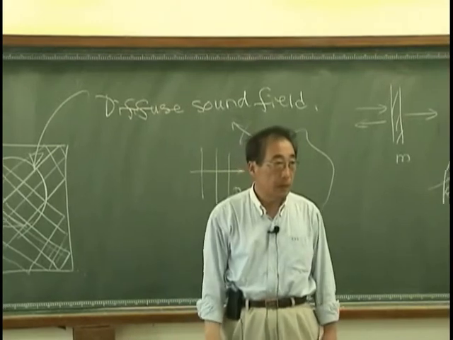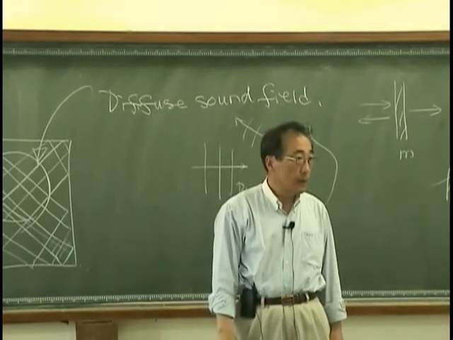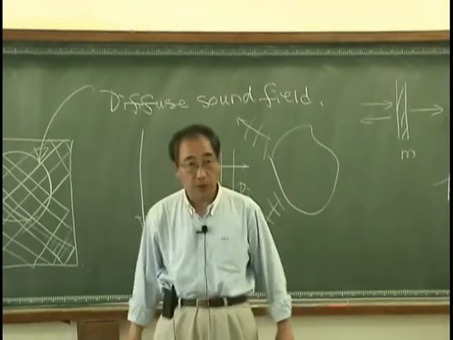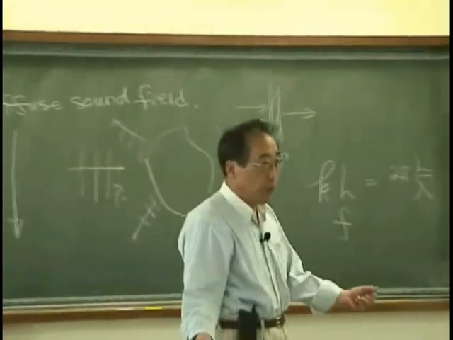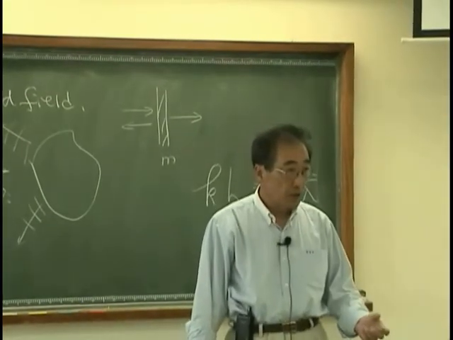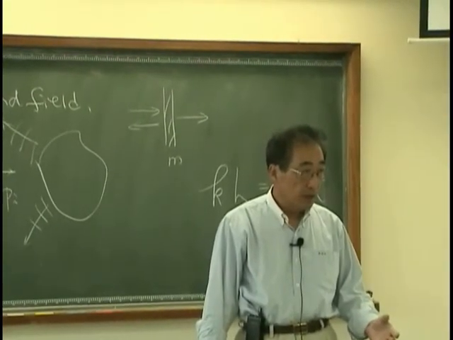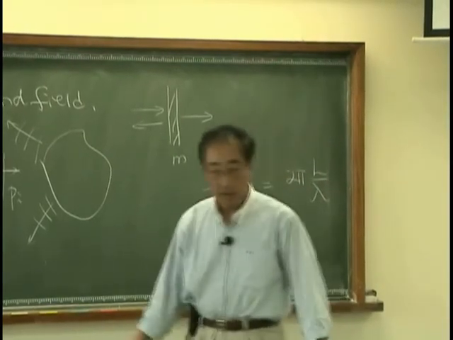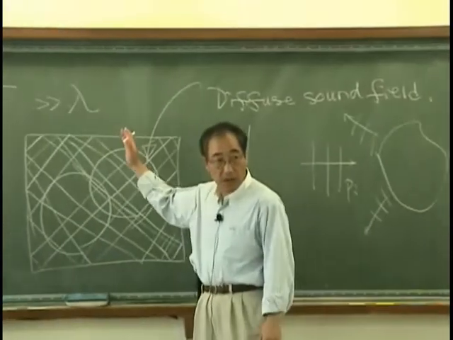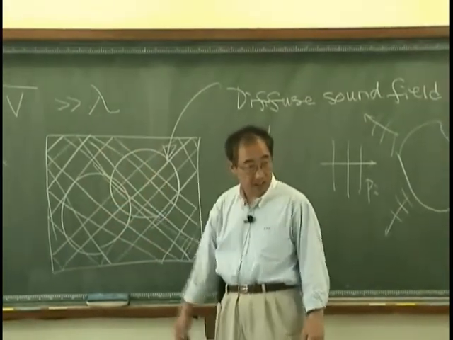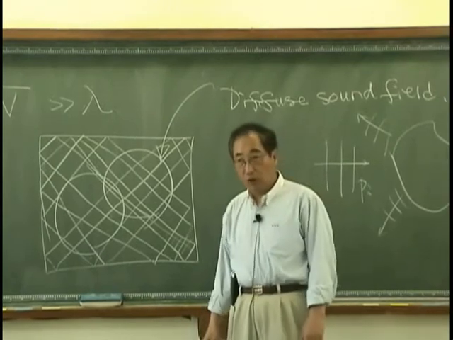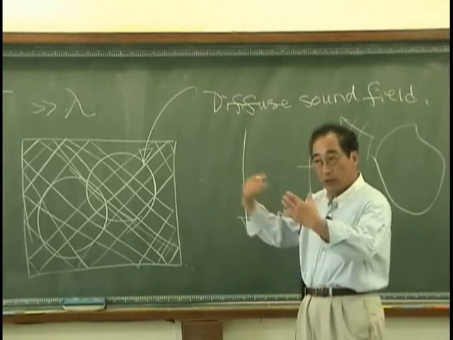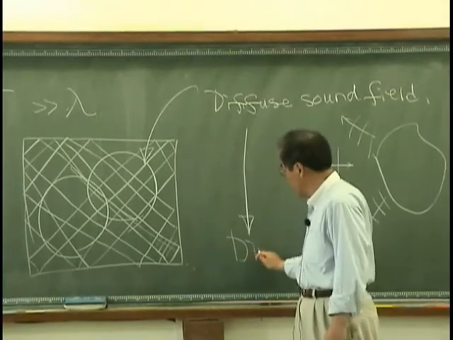Okay? The other extreme case compared with diffuse field would be what? The sound that can be made by no reflection. This field is made by many reflections, right? But if there is no reflection, then we call it direct.